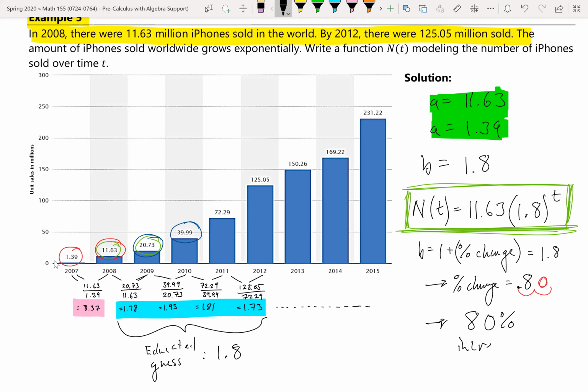I have a question for you. If this kind of question was on a test, would it be okay if we just solved for B algebraically, or do you want to see this educated guess work with the graph over a period of time?